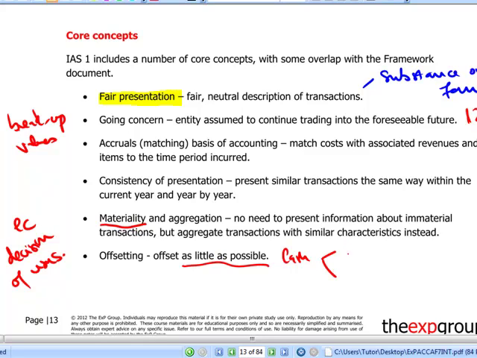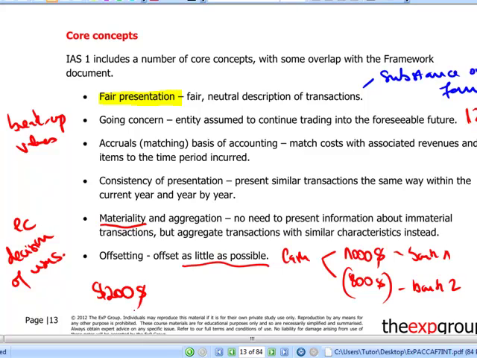If we have been using two bank accounts, one in which we have a positive balance of $1,000 and one where we are operating in an overdraft, okay? We cannot present the net effect, with bank number 1 and bank number 2. We cannot present a net cash position of just $200.